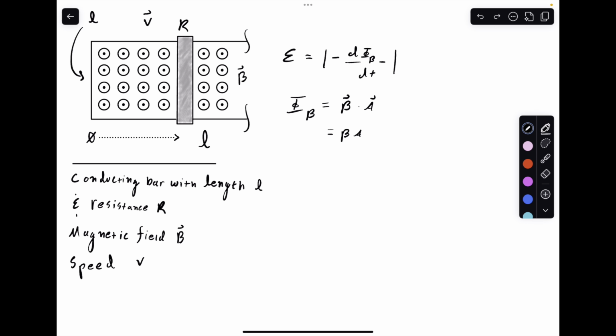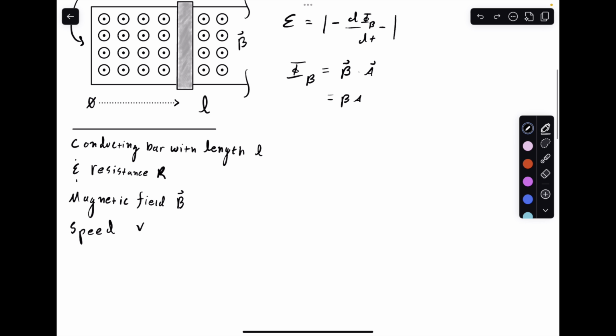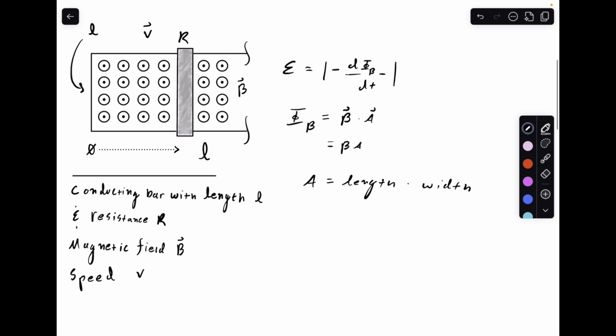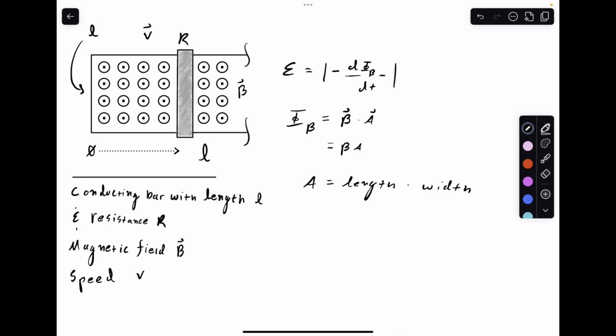So back to what I was saying, we need to now figure out an expression for the area of the left-hand side, which has actual changing magnetic flux. And I know area, right, is going to be length times width, right? So let's identify the length and width. Well, in this instance, the width over here is what I'm about to highlight in pink, right?